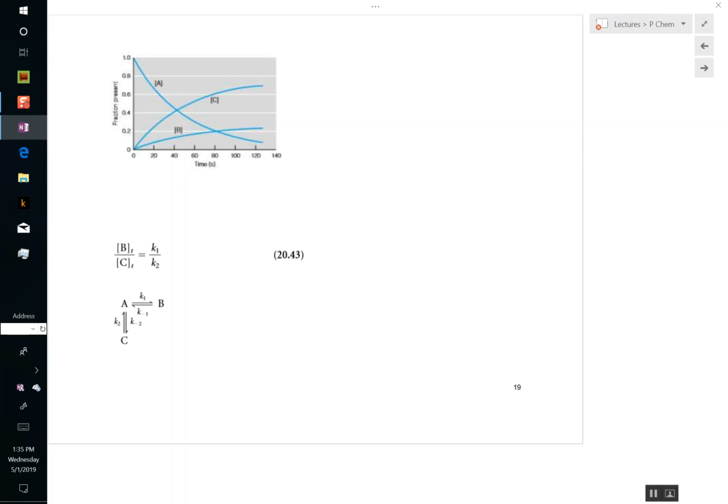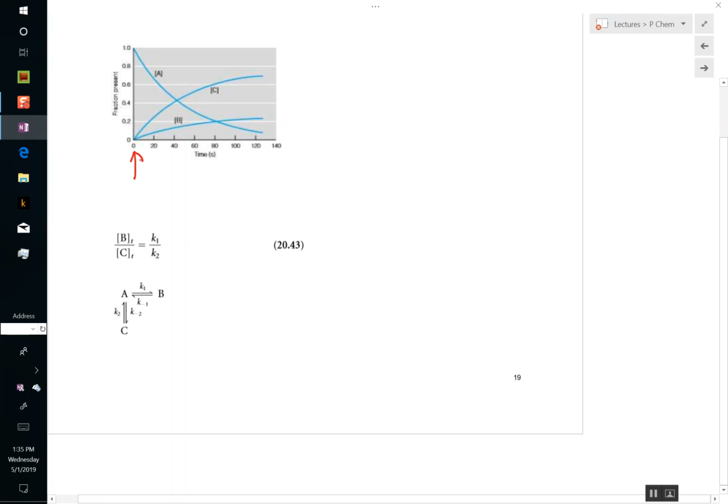We're starting out with A, and we have no B or C. At time 0, all we have is A. Remember, I said that B and C have their own independent rate constants for their rate of formation, so they're not going to follow the same line. You can see in this particular case, A is reacting to form C faster than B.